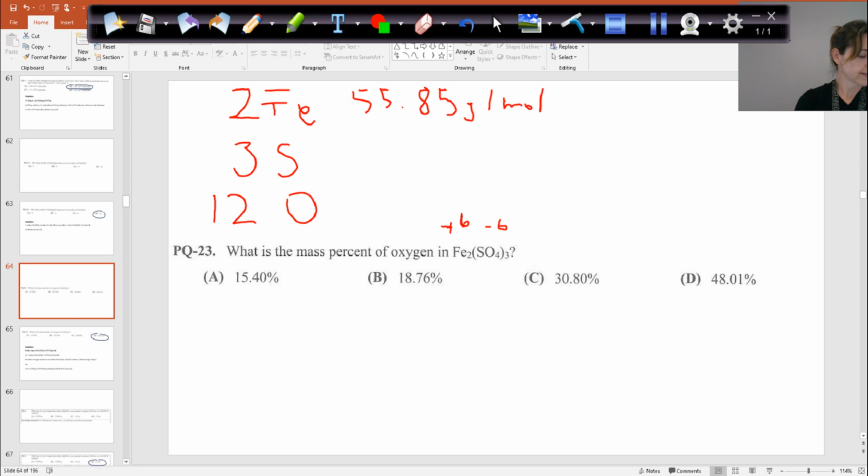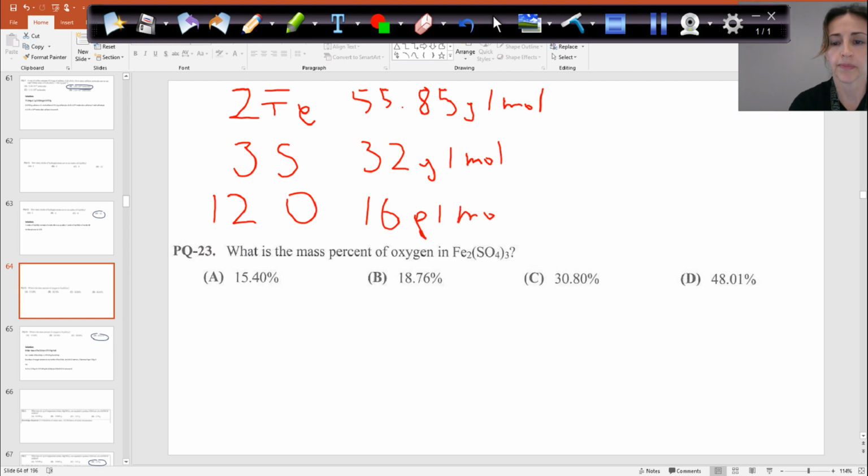Sulfur is 32 grams per mole. And oxygen is 16 grams per mole. So let's multiply each by how many we have. So we'll have the amount in grams per mole in each 1 mole of this compound for each of the elements.